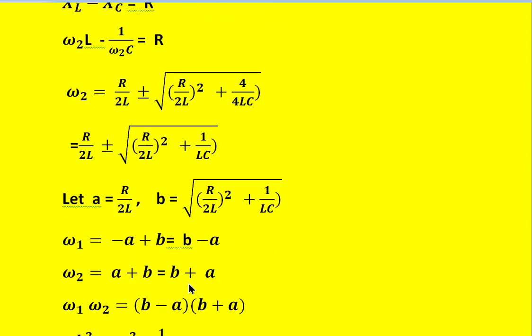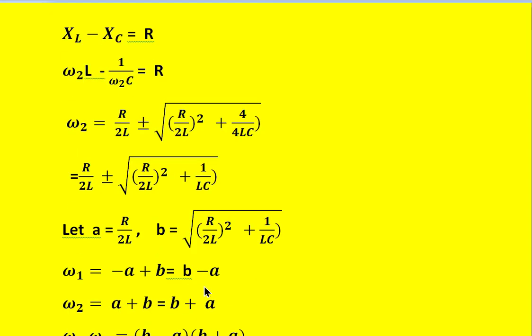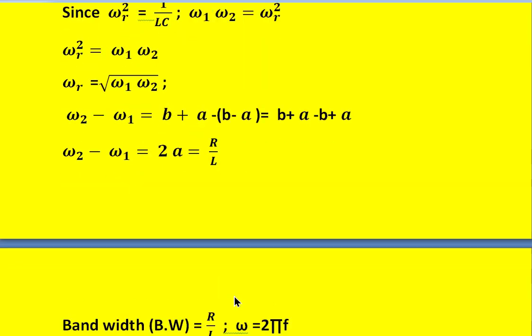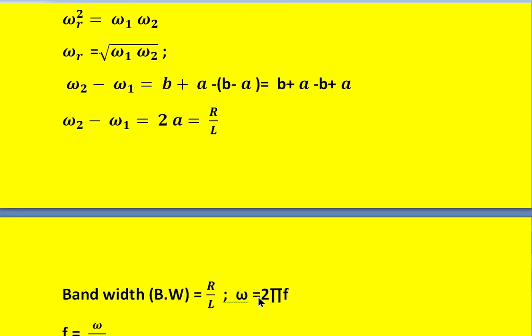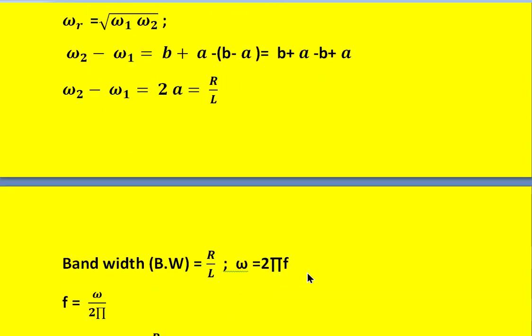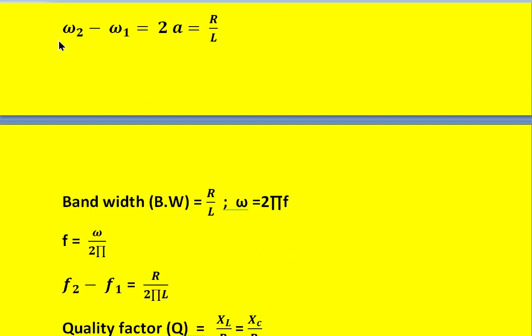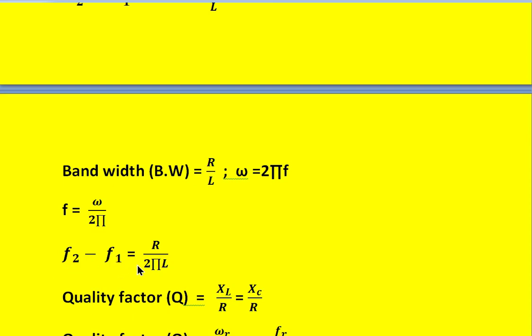So 2 into R by 2L means that 2 is going to get cancelled, then omega 2 minus omega 1 will become R by L. And we know omega is nothing but 2 pi f. So from this we can write frequency is nothing but omega by 2 pi. So this equation omega 2 minus omega 1 we can write as f2 minus f1 is equal to R by 2 pi L. This is the formula for bandwidth of the series RLC circuit.